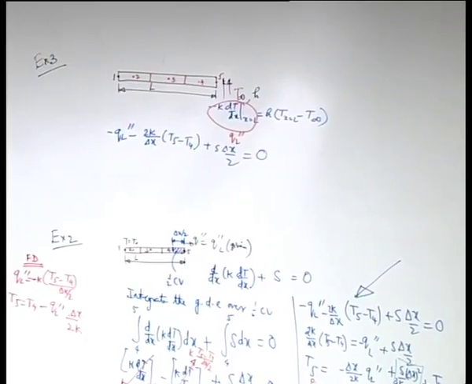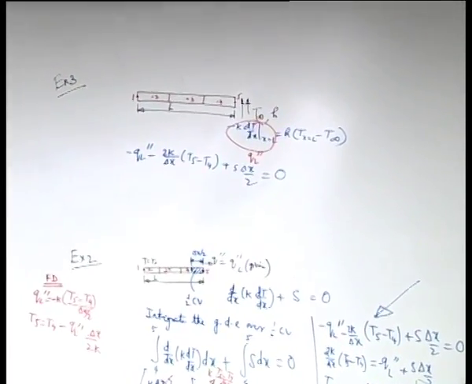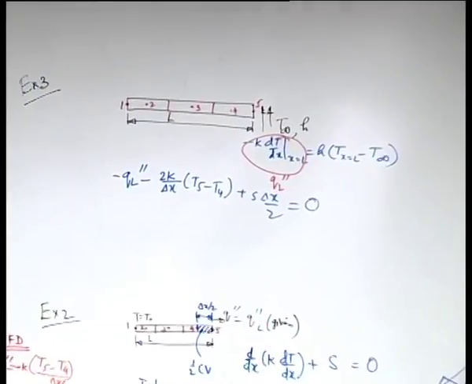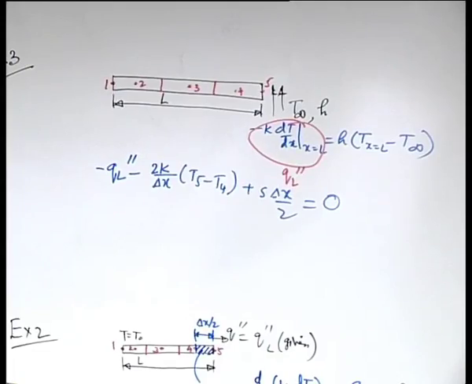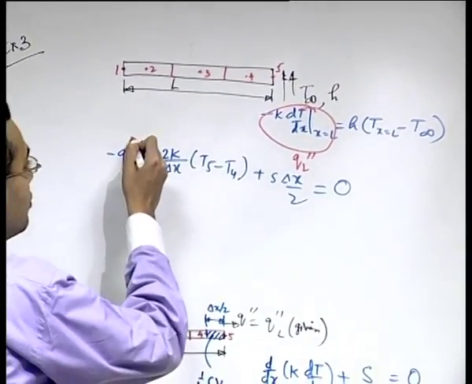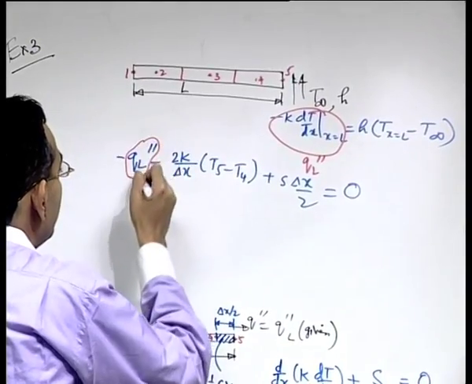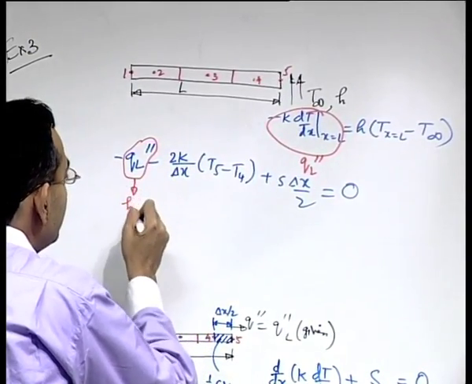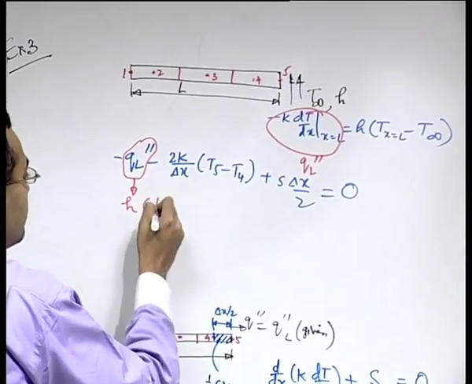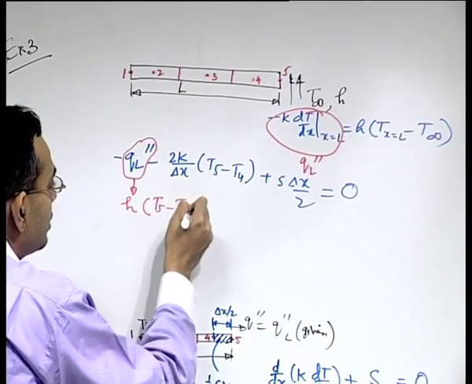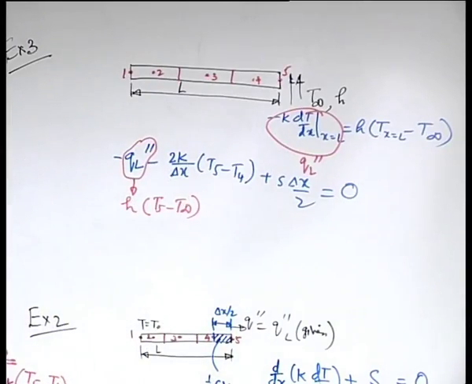Now, the heat flux at x equal to L, you can write as h into (T at x equal to L minus T infinity). That is the only extra effort that you have to put. In place of this one, we will write h into (T5 minus T infinity). So, the remaining work is the same.